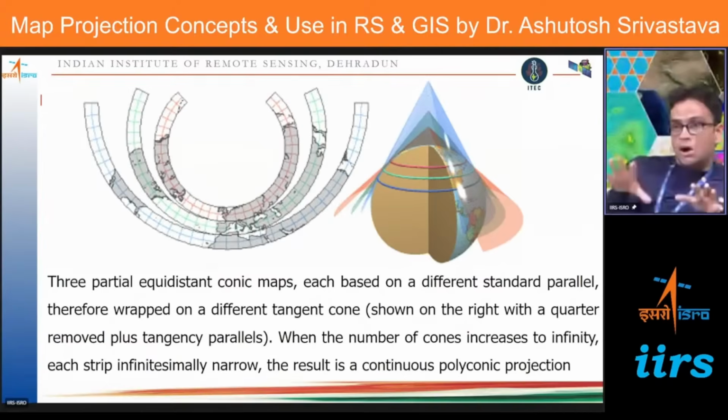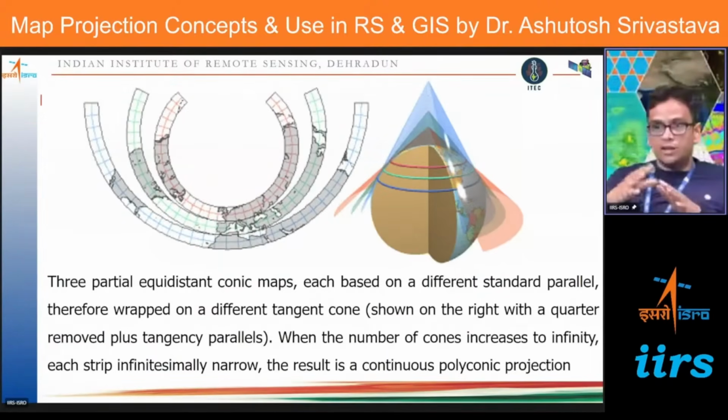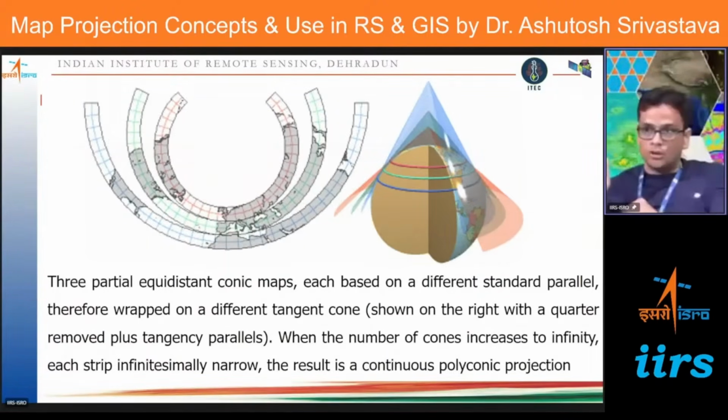Now we take another cone which has a different size, so it will touch at different places. Then we take another strip wherever it is touching, so there will not be any distortion. Similarly, we take the other cones of different sizes, take strips and put them like that.